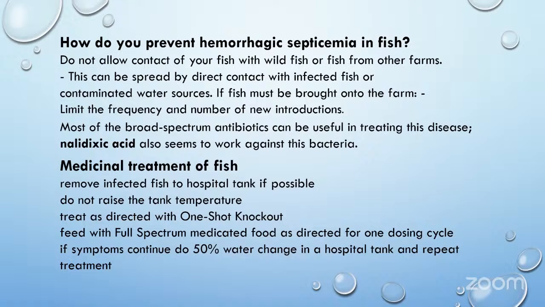So feed with full spectrum medicated food as directed for one dosing cycle if symptoms continue. So do a 50% water change in the hospital tank, and you should keep repeating this treatment. We should not allow more fish into the tank, and you should immediately keep the fish in the tank in which medicine is mixed in the water.